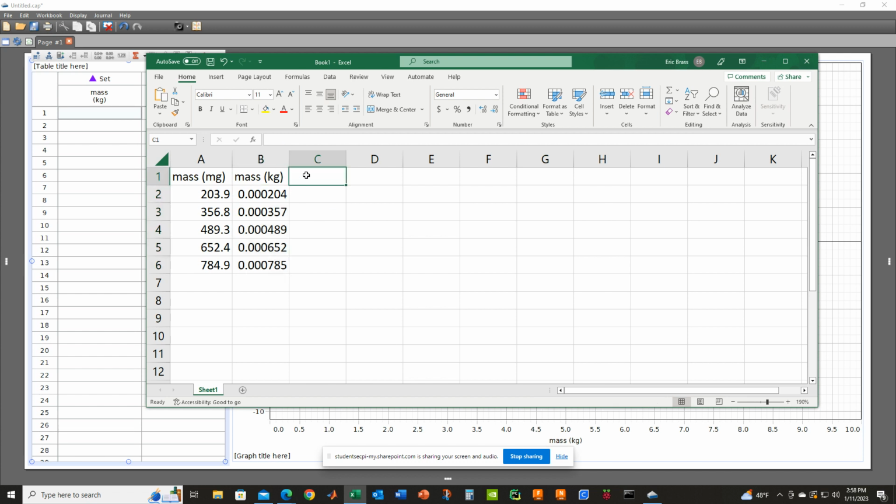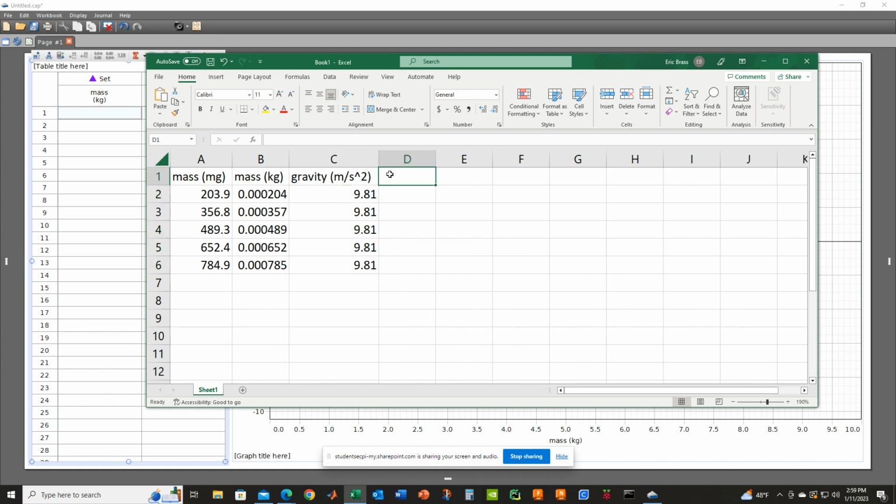Now I'm going to put in gravity, in meters per second squared, and we know that this is just 9.81. That's what I'm going to use. Now we can find our force because we need it in newtons. The force, if you guys remember, is just mass in kilograms times gravity.